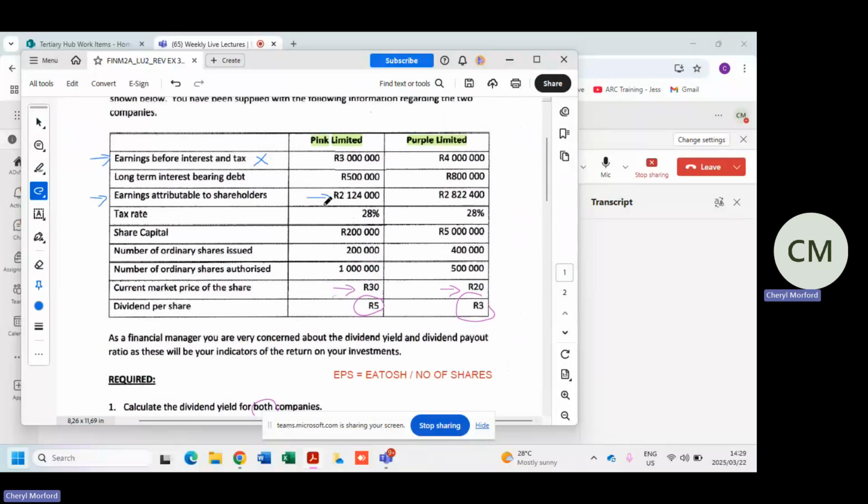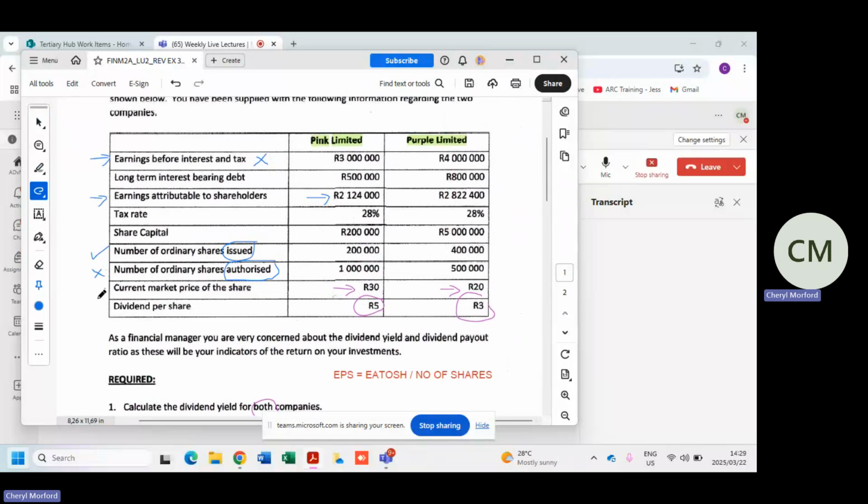Now, when it comes to the number of shares, have a look here. We've got two possibilities. We've got number of ordinary shares issued, and we've also got number of ordinary shares authorized. Once again, one is the right one, one is the wrong one. So you can only earn a profit on a share if the share's been issued, surely. So therefore, we must use this one and not this one.